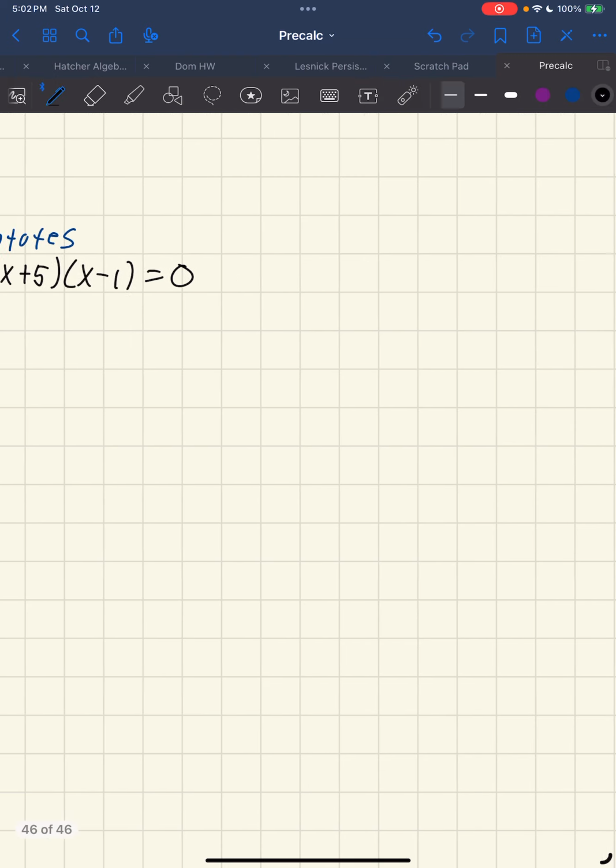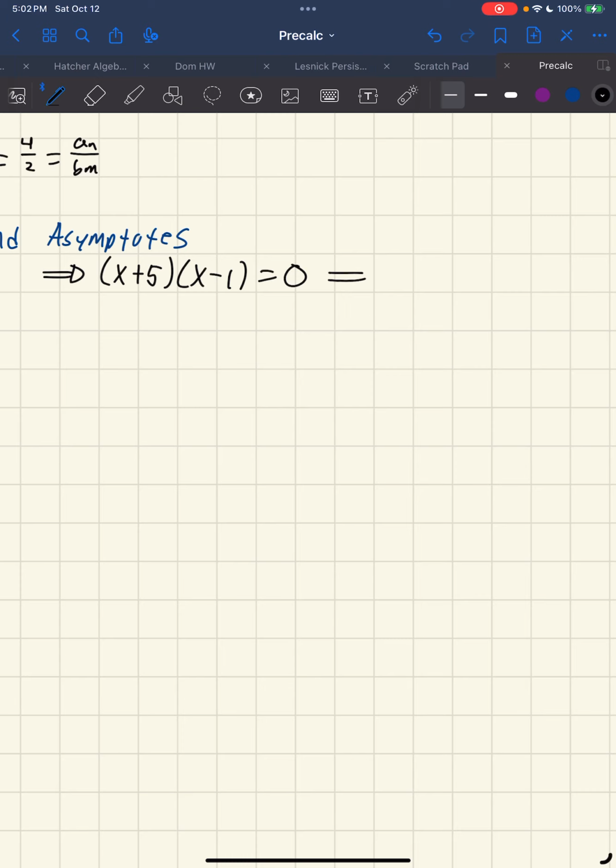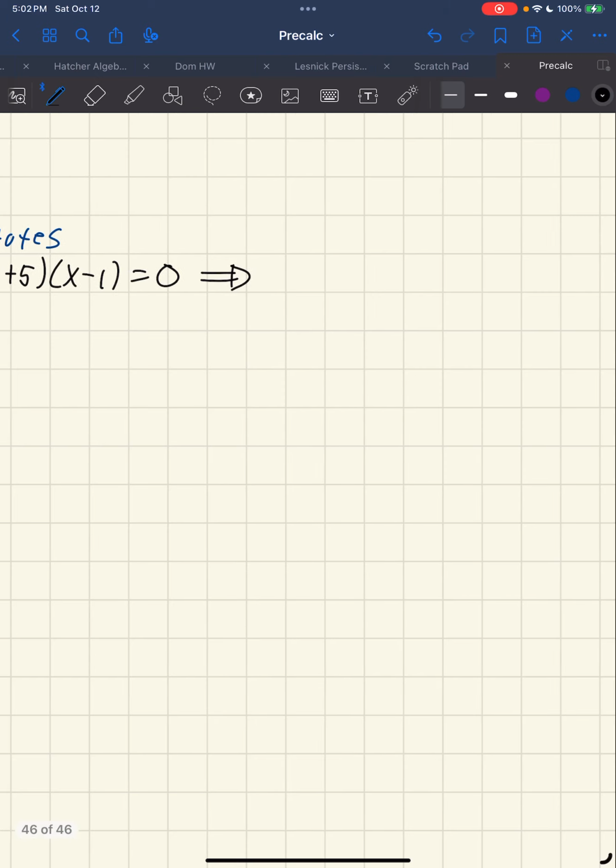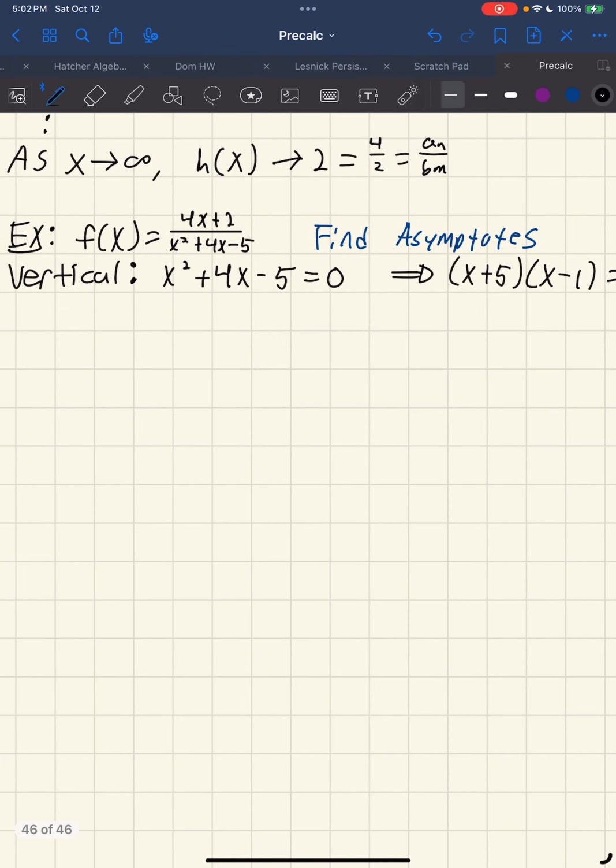And so now we can split this and we'll get x plus 5 equals 0 or x minus 1 equals 0. And in the end, concluding x equals negative 5 or x equals 1. Those are the situations that will make the bottom 0. And in fact, because of that, that is exactly our vertical asymptotes.